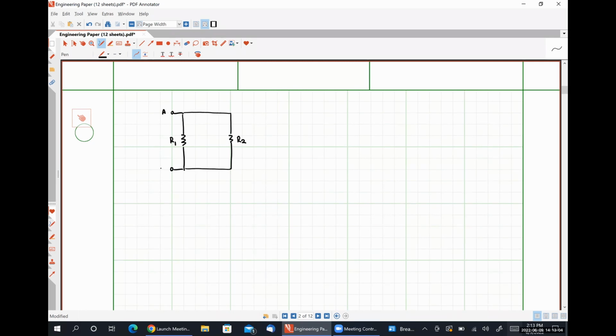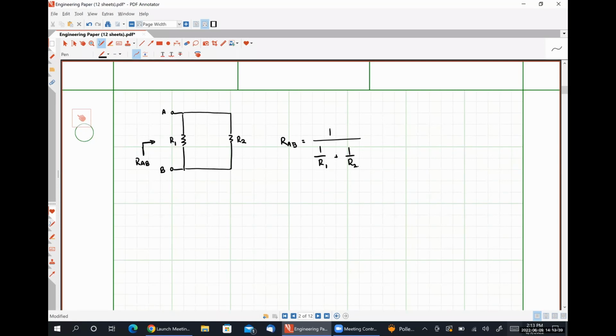Let's call this terminal A and terminal B. If we were to look in to this set of terminals, so we're trying to find some resistance RAB, what we would have is RAB is equal to 1 over 1 over R1 plus 1 over R2, according to the equation that I developed a few minutes ago.